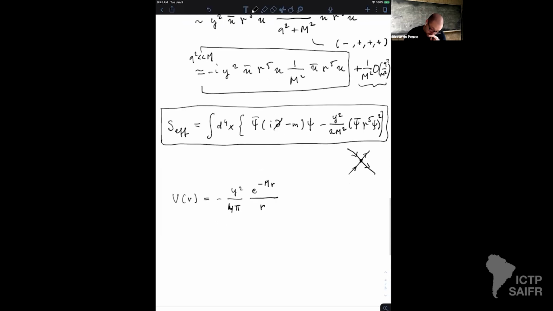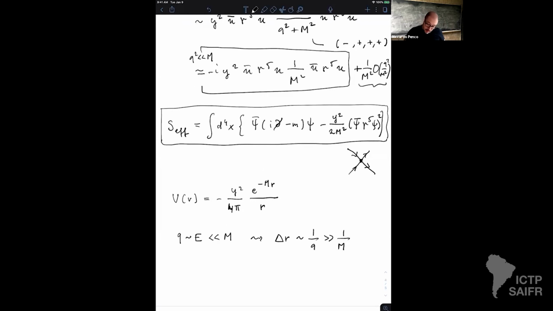So by focusing on the regime where the momentum exchange Q, which is of order E, is much smaller than the mass of the scalar, we're essentially probing this potential with a resolution delta R of order 1/Q, which is much larger than 1/m. Okay.